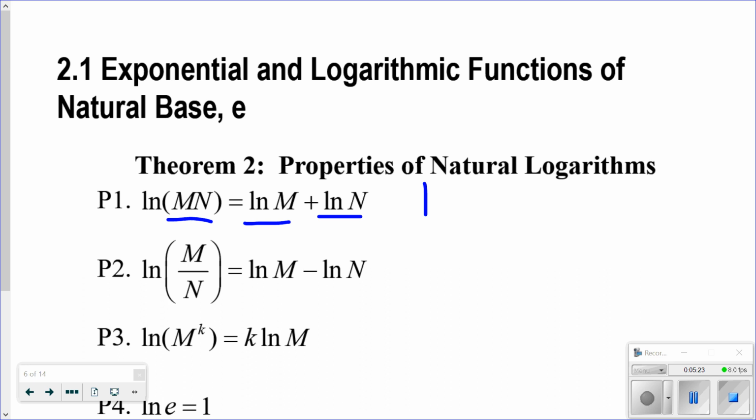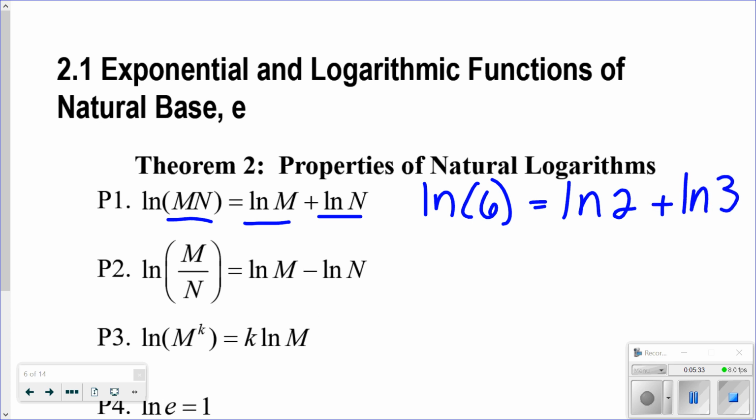If I had the natural log of 6, that is the same as the natural log of 2 plus the natural log of 3, because 6 is 2 times 3. Okay, so that's how we would break that apart. Now we're not going to just randomly pick numbers to break it apart. We're going to use this when it makes sense to use it.